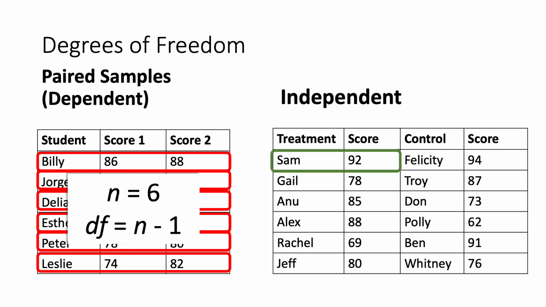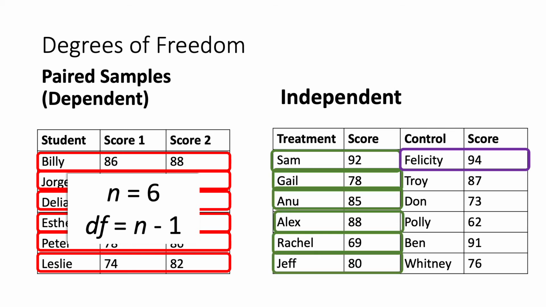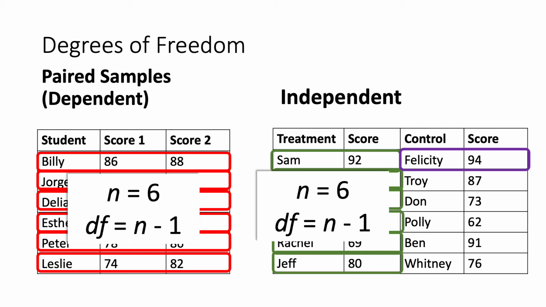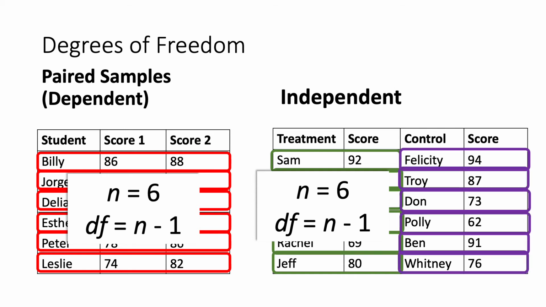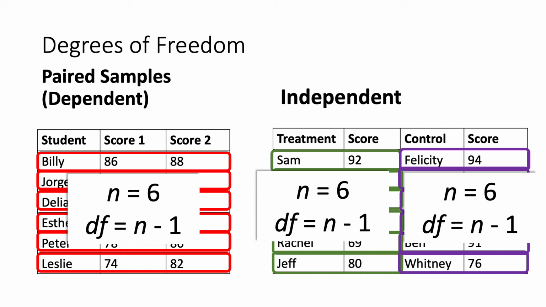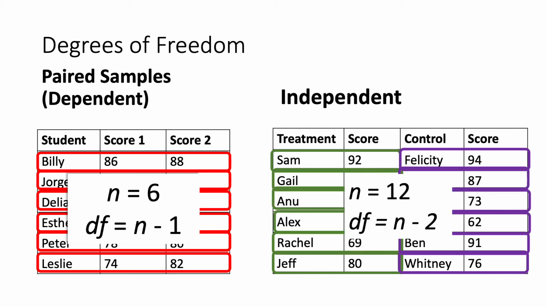We have Sam, who has a score, because he was in the treatment group, and we have Felicity, who has a score, because she was in the control group. So we have 6 here, n equals 6, and our degrees of freedom are n minus 1. And we have 6 in this group, n equals 6, degrees of freedom equals n minus 1. So in our independent group, when we are doing calculations, our n becomes 12, and our degrees of freedom are n minus 2.